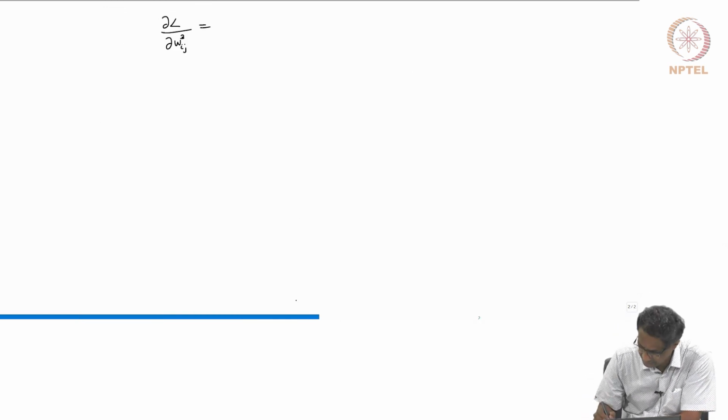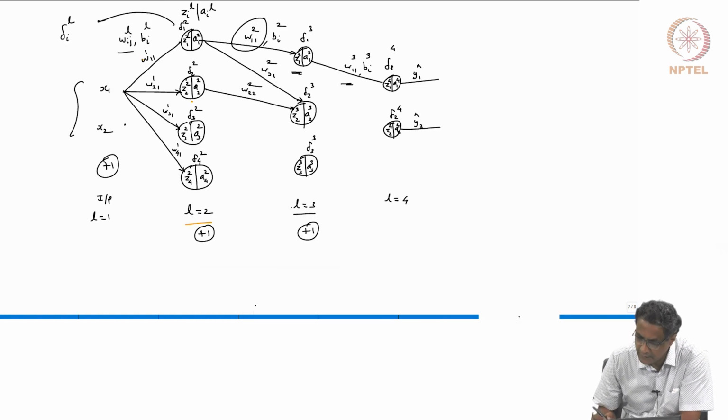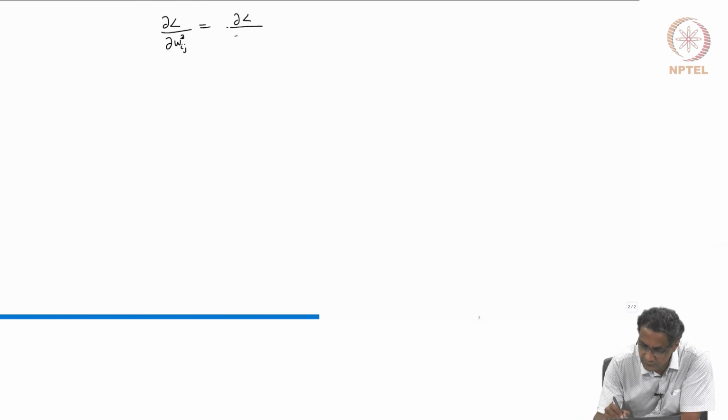So this I am going to write, and you can verify this for yourself. This will be ∂L by ∂Zi4, and we write it in a particular form because this involves what is called a delta rule. Not that this is the only way to do it, but ∂Zi4 by ∂Wij3.